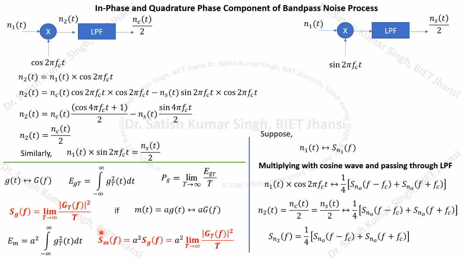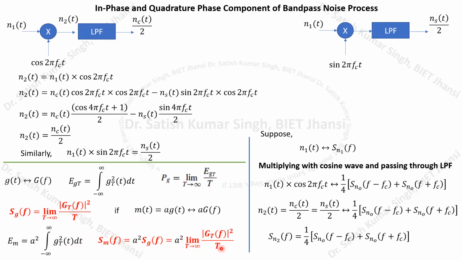So if you calculate the power spectral density of this signal m(t), you can easily see that S_m(f) equals A squared S_g(f). If you substitute into the expression, you will find it should be A squared times the limit as T tends to infinity of mod G_T(f) whole square over T.